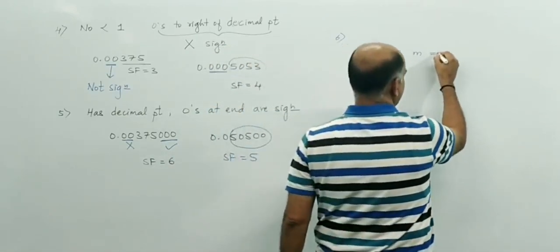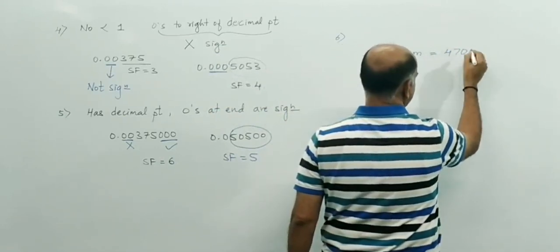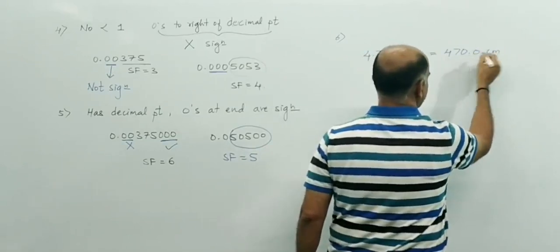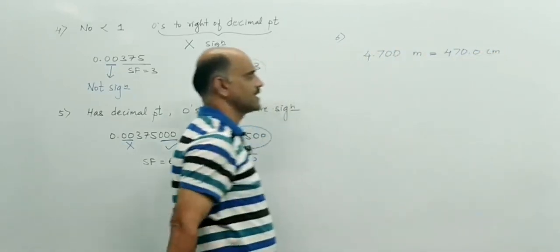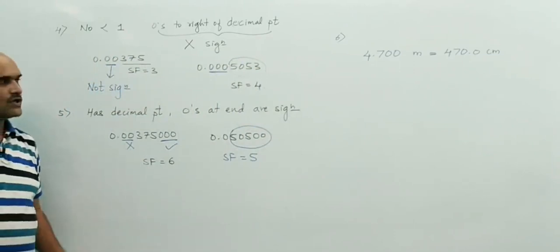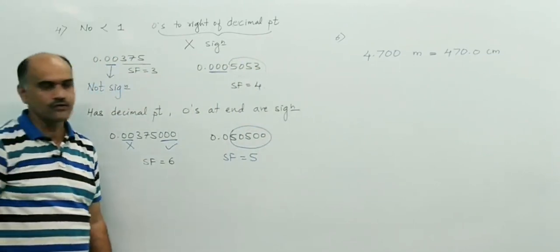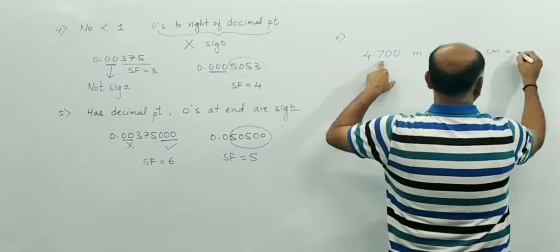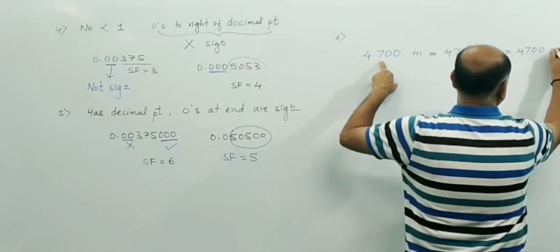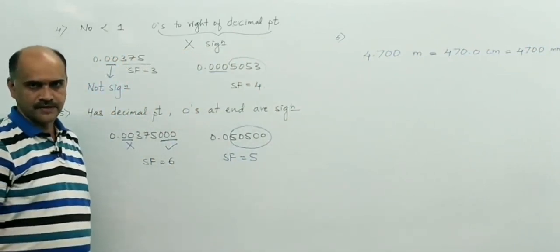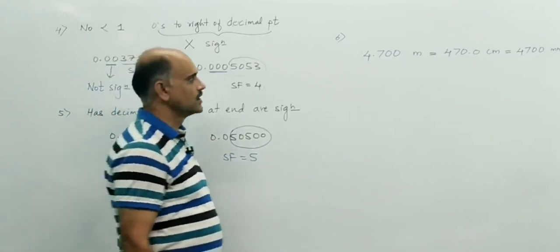If I multiply by 100, I will get 470.0 centimeters. Now if I want to convert it into millimeters, I have to multiply by 1000. So I will get 4700 millimeters.